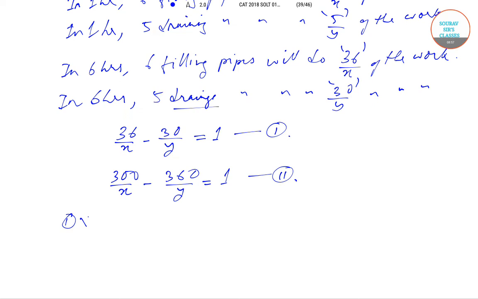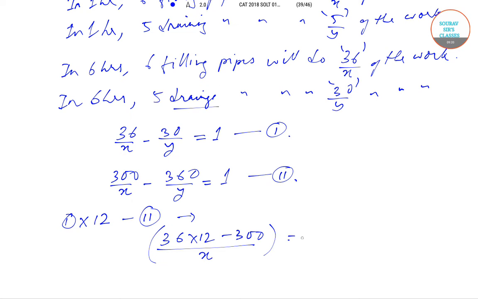So now if we multiply equation 1 by 12 and subtract the second equation from it, we'll get 36 into 12 minus 300 by X, and the second portion will be already eliminated, and we'll have 12 minus 1.